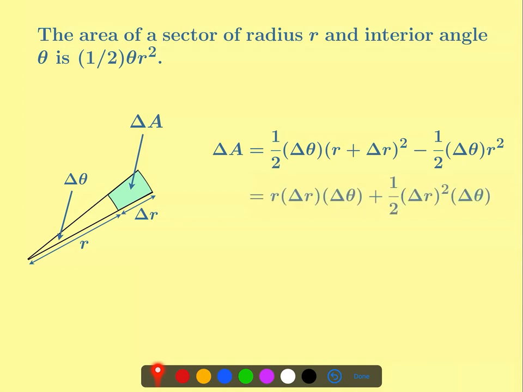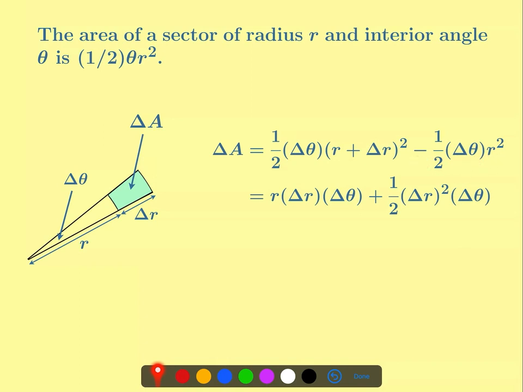Those don't cancel. So this is what I'm left with. Again, this is coming from the middle term, the 2r delta r times delta theta times 1/2. And then we have the delta r squared times delta theta times 1/2. That's giving us this term. The other term with an r squared here is 1/2 delta theta r squared, which cancels with this.